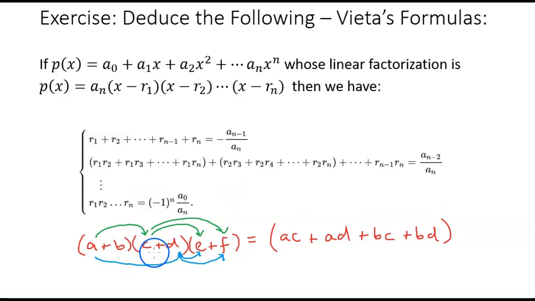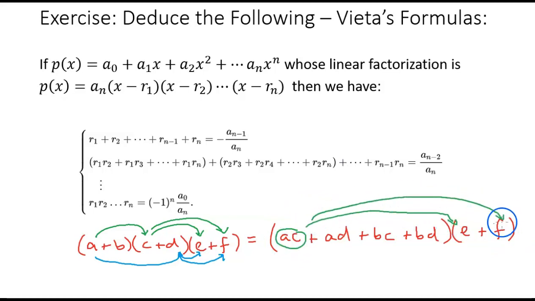And so observe that everything's being multiplied by everything else in the first two sets of brackets. And then we just do the same thing again with the e and the f. So this one gets multiplied by e, and then this one gets multiplied by f. And then we just repeat for the rest of them.